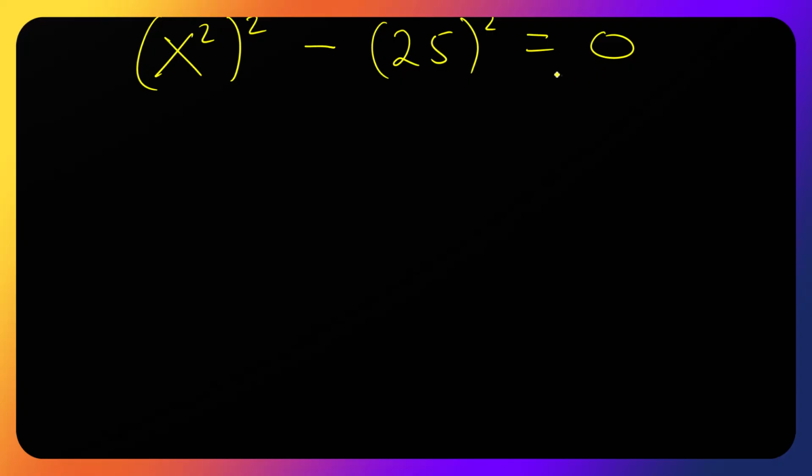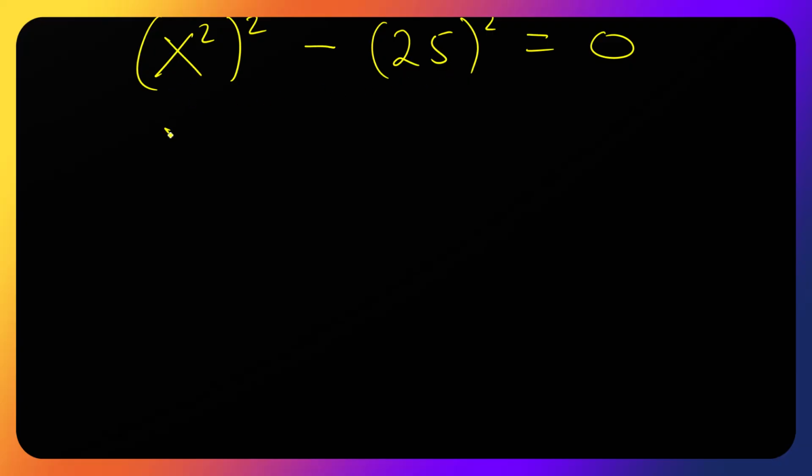Now I would like to send the 25 squared to the left hand side, so that will be x squared all squared minus 25 squared, and I will be left with 0 here. Now this one is behaving like a difference of two squares.